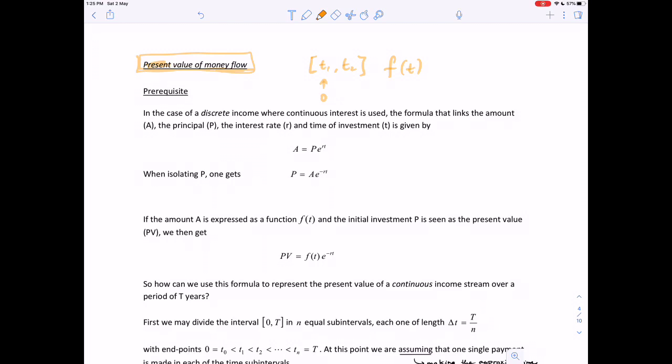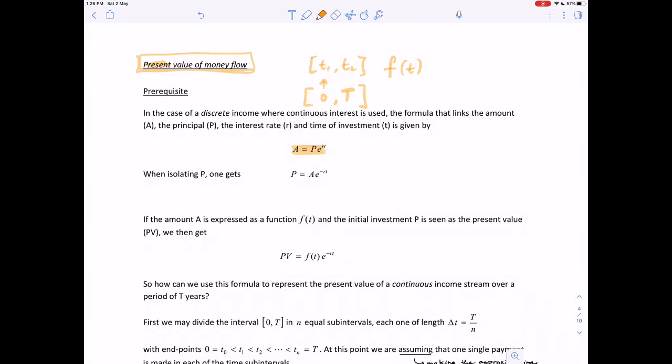And typically in these problems we say until a time t years. So when we talk present value, we're talking about from 0 to some later time t.